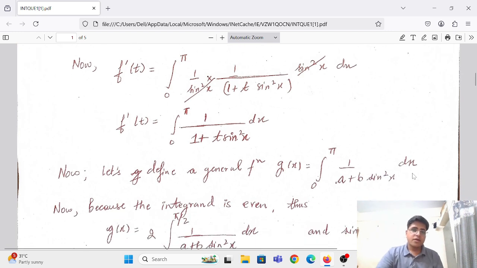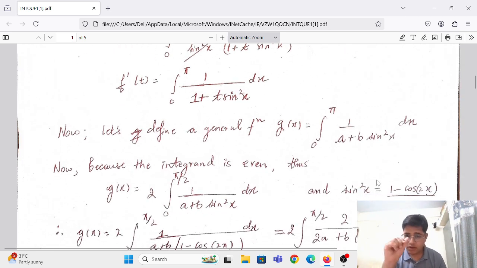Now we can find this particular integral that we obtained over here using the integral of a standard general function g of x. We define a general function g of x as integral 0 to pi 1 over a plus b sin squared of x dx.